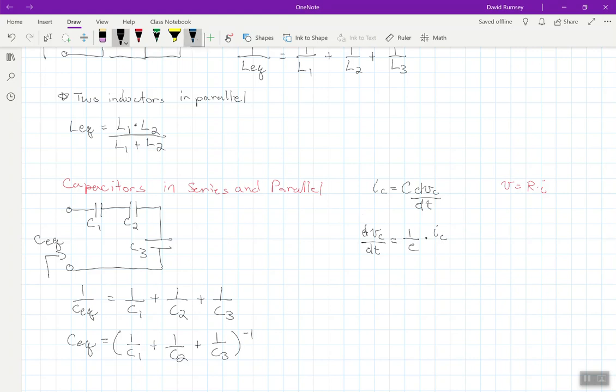So what should we take away from this here? Capacitors combine in series like resistors combine in parallel.